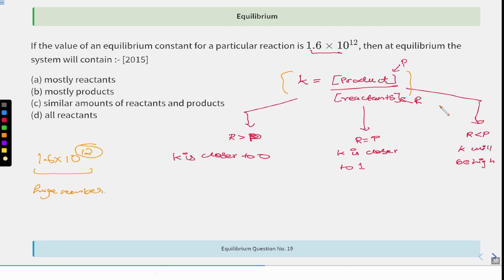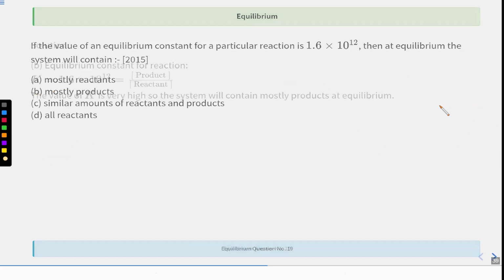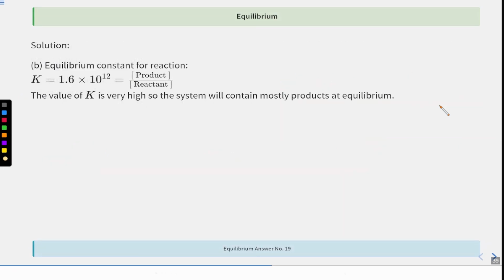If we look at what we derived, this falls in the condition where reactants are very much less than products. So our system will contain mostly products at that point, and that is going to be your option here. The same thing is given as a detailed solution here, just what I've told you.